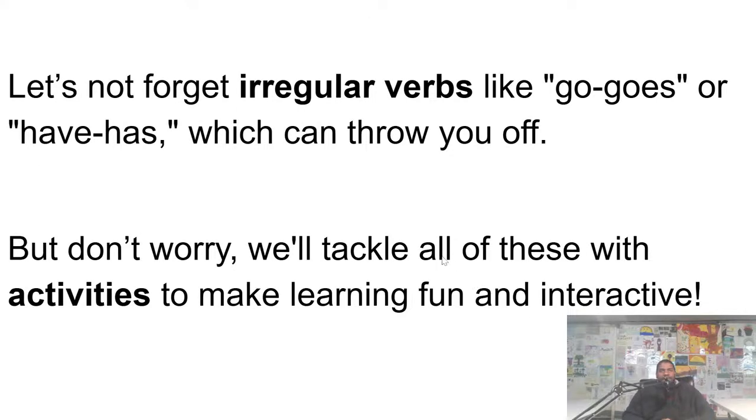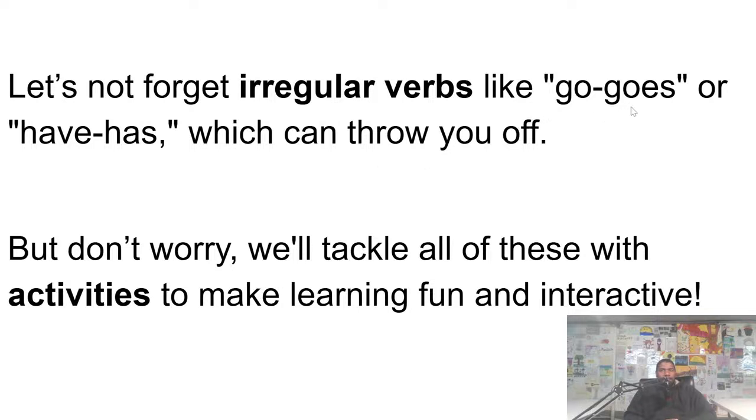All right. And let's not forget about irregular verbs like go, goes, or have, has. Examples like that can throw you off because we add ed to verbs that are in the past, but English has something called irregular verbs where we do not add an ed to them.